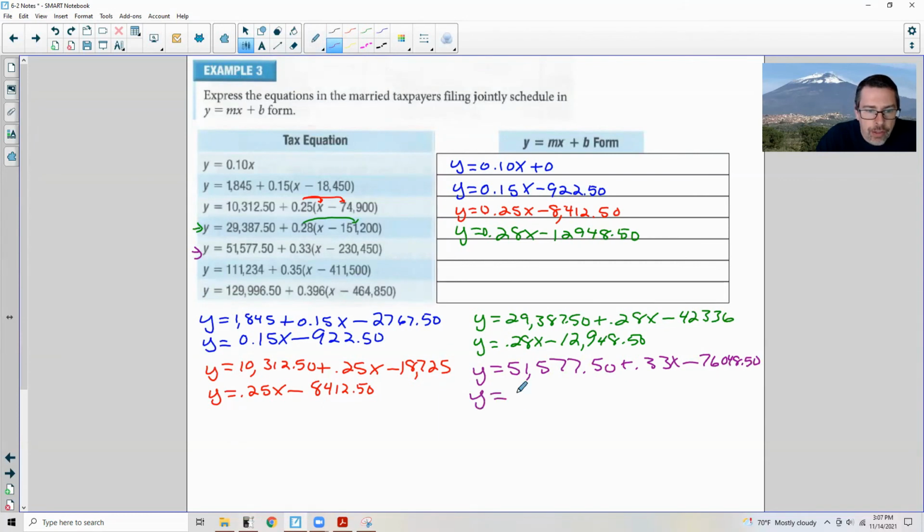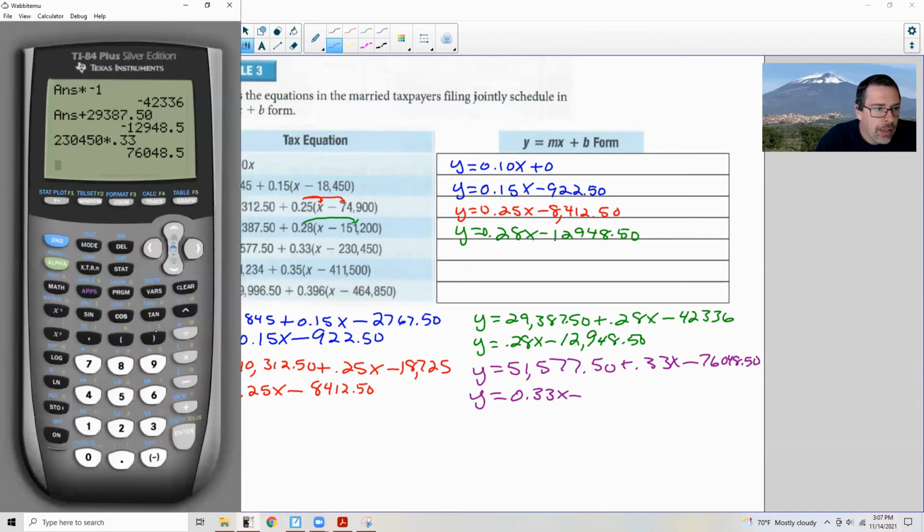So I'm going to get this 0.33x minus the difference of 51 and 76. So multiply this by -1 just to change its sign, and then add 51,577 to it. Oh, I forgot the 50 cents. Plus 50 cents is 24,471.